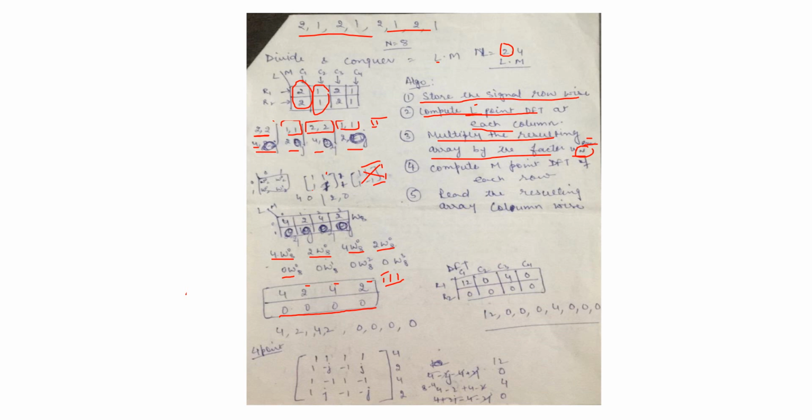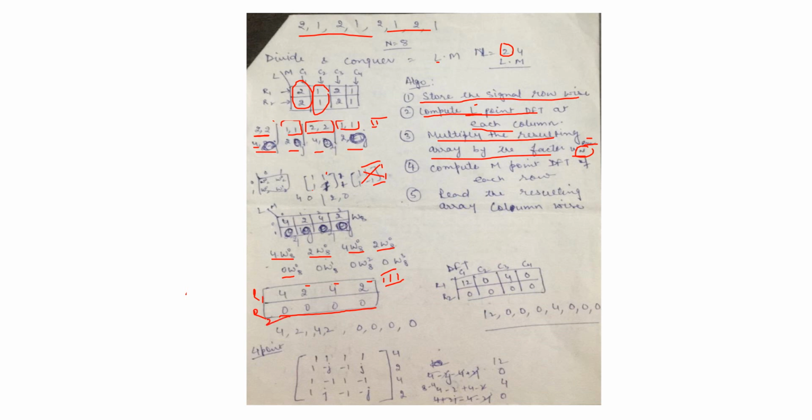Now fourth step, compute M point DFT of each row. You have 2 rows, which means you have to perform 2 times DFT of M points. M means 4, so 4 point DFT for row 1 and 4 point DFT for row 2. Okay, now you know this is row 1 and this is row 2.